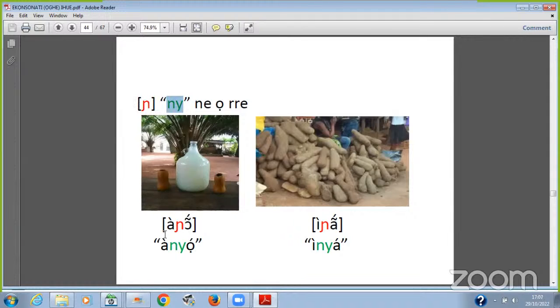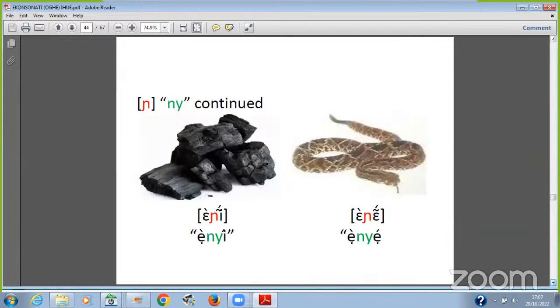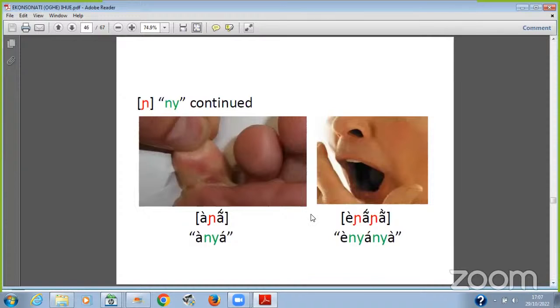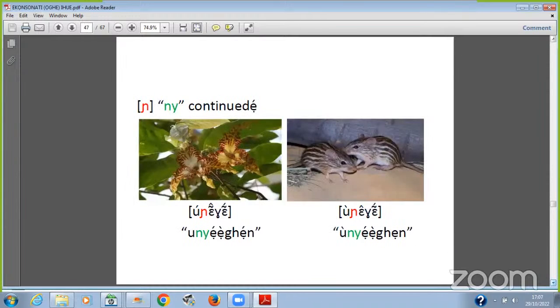N, as you have it in Anyo, as you have it in Inya, as you have it in Enyi, Enye, Anya. Anya is athletic foot, as you can see there, and then Enyanya, somebody yawning. So that's the Ni.